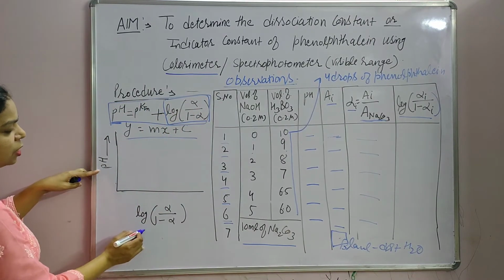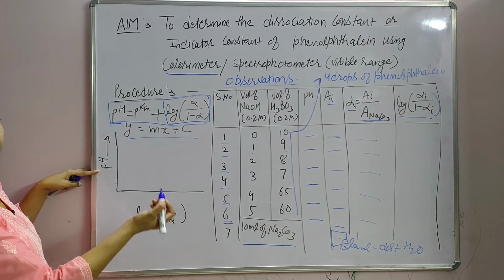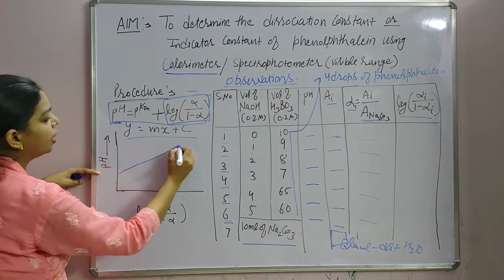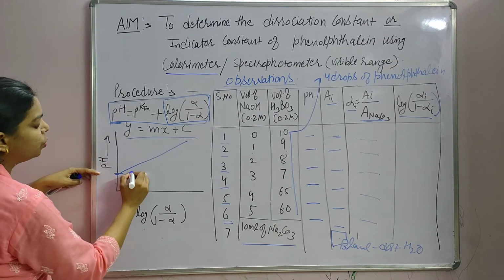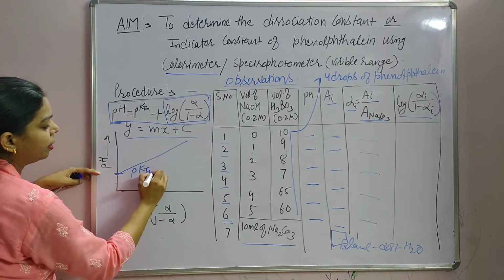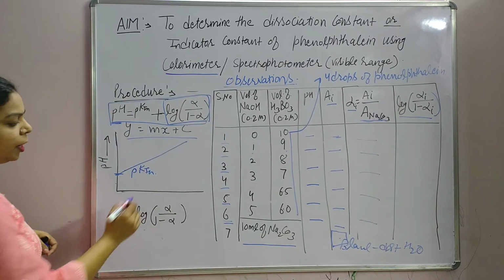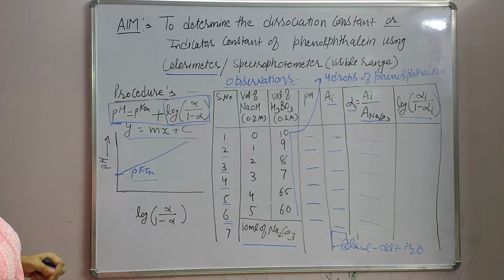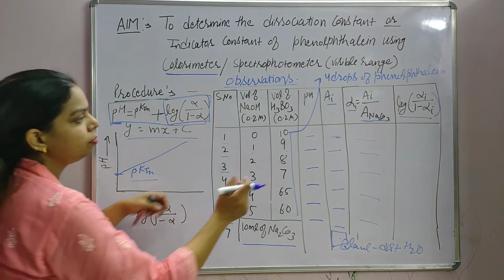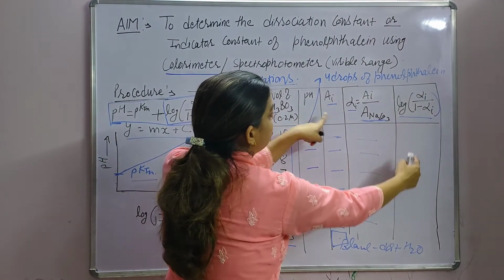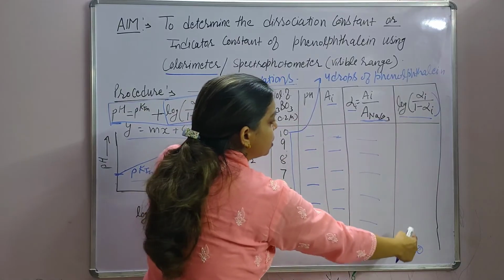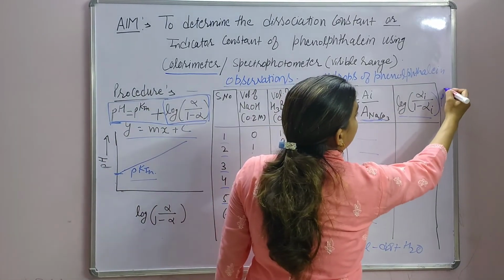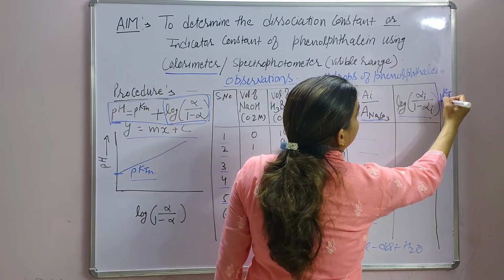When you plot these two, you must get a straight line according to this equation, with intercept equal to pKin. So you can calculate pKin from the graph, and you can calculate pKin from these different values of pH and log of this for each reading. So you have to calculate pKin here also.